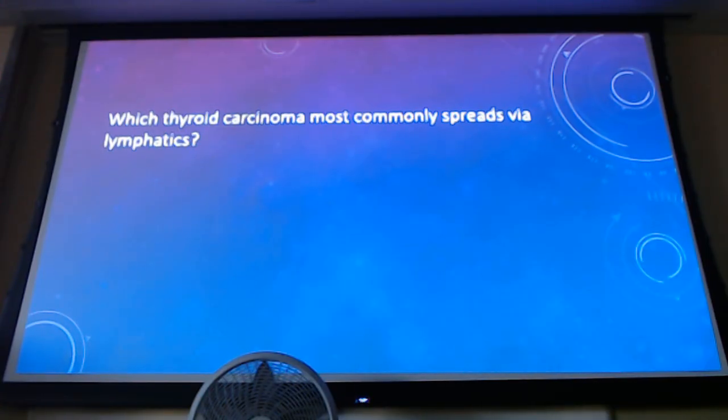How does follicular spread? If papillary does lymphatics, follicular does what? Yes, blood, right? All right, which one's more common, papillary or follicular? Papillary.